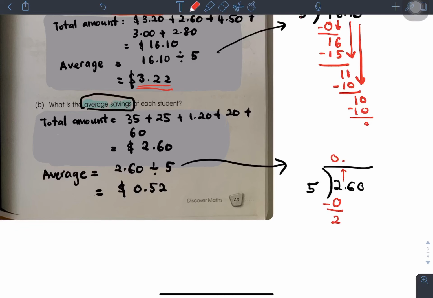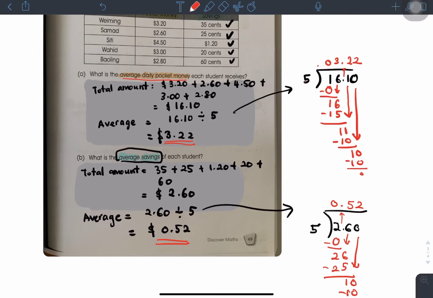Bring down 6. Now the nearest is 5, because 5 times 5 is 25. We minus them, it becomes 1. We bring down 0. Is there 10 in times table 5? Of course. 5 times 2 is 10. So yes, it's the same as what we got. This is the final answer for the average saving.